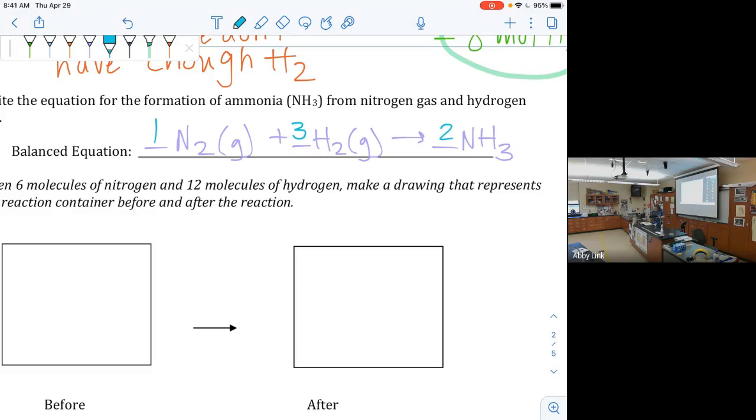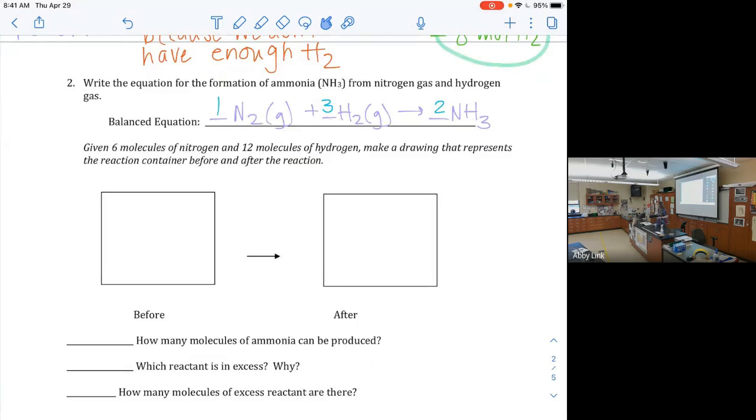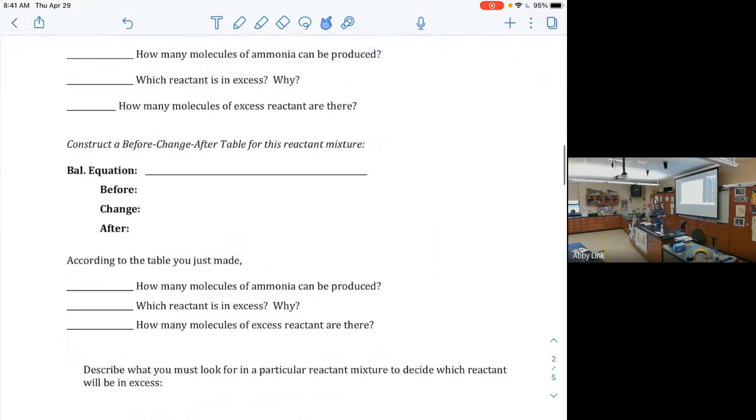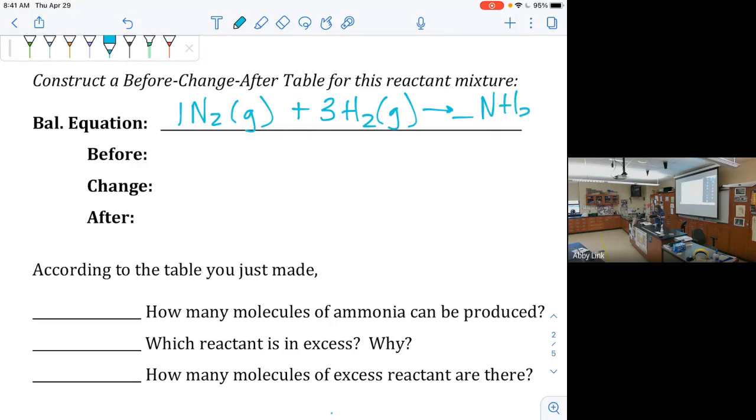All right. In this problem, I'm going to go ahead and do the VCA table first, okay? And then we'll come back and do the drawing. So just kind of slide down here, and I'm going to go ahead and put my reaction in our VCA table here. 1 N2 plus 3 H2 forms 2 NH3.